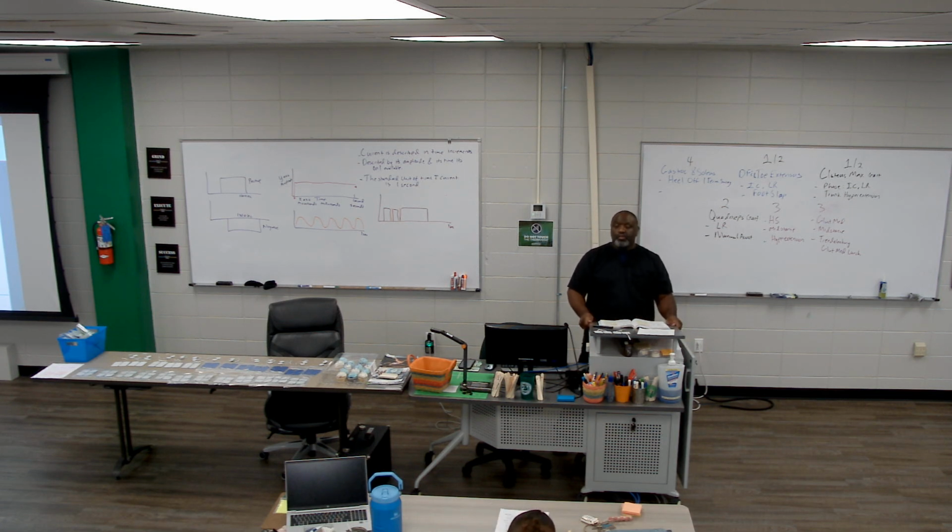So amplitude is how much, frequency is how often. Frequency is going to be measured in either pulses per second if we're using pulsed current, or it's going to be measured in hertz if we're using AC current.